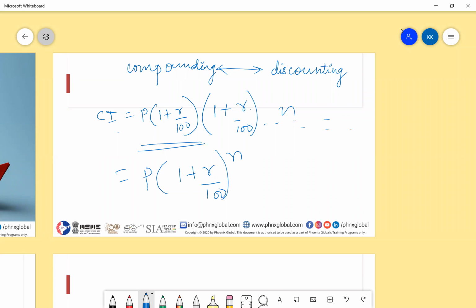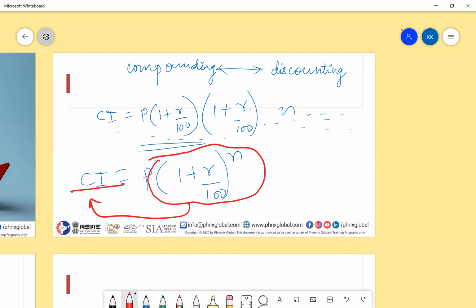Now, an important part regarding this is compounding. Now when this part goes here in the denominator, it is called discounting. Why am I telling you?